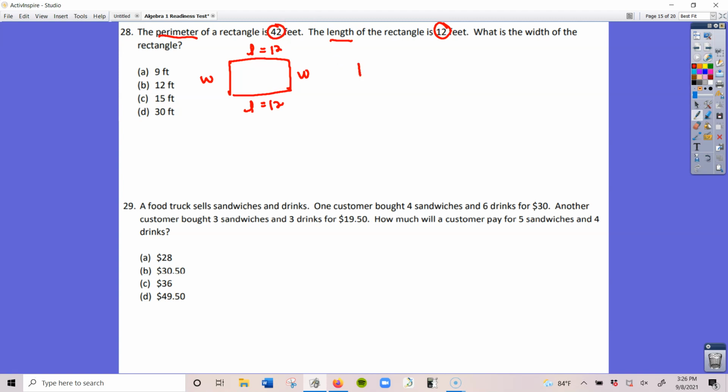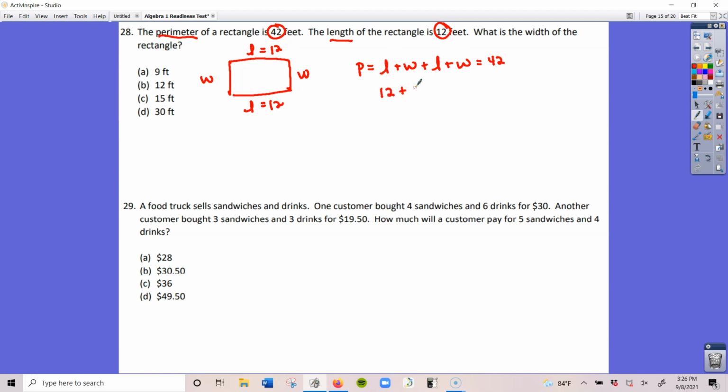To find the perimeter of any shape, we would add all of the sides together. So we have L plus W, length plus width, plus another length, plus another width. And it tells me in the problem that this is going to equal 42. Now we are given that the length is 12. So I'm going to replace the L's with 12.